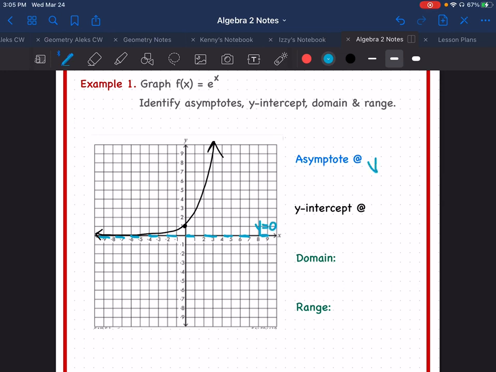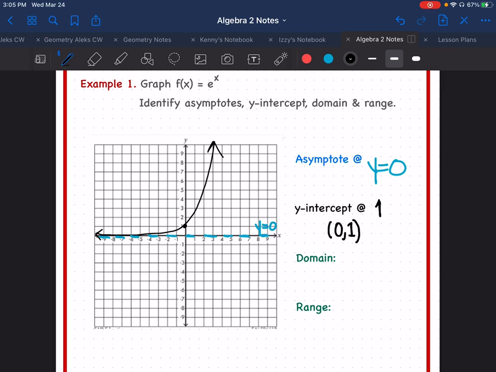So my asymptote is at y equals 0. My y-intercept, remember you're finding it on the y-axis, you're coming down until it hits the graph. There's the graph, and it's right there at 1. If you wanted to think of it as an ordered pair, it would be the ordered pair (0, 1).